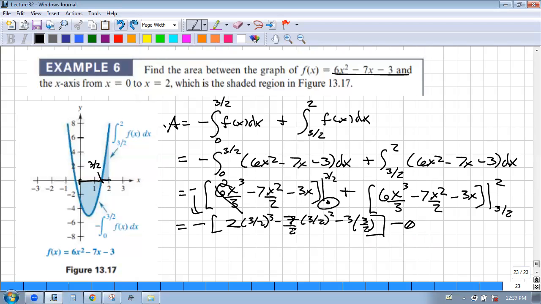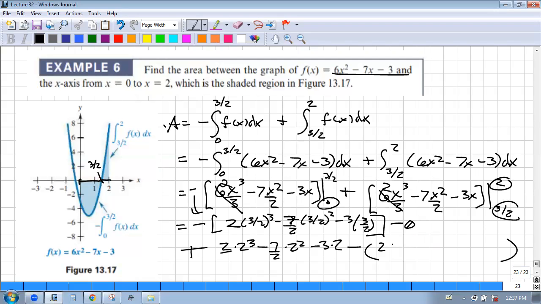And now we need to add this guy. So again, 6 over 3 is 2. So I plug a 2 in. So I have 2 times 2 cubed minus 7/2 times 2 squared minus 3 times 2. And I need to subtract and plug in 3/2.